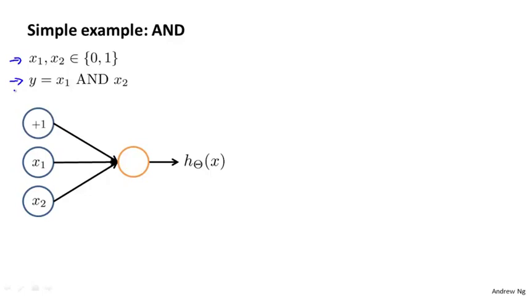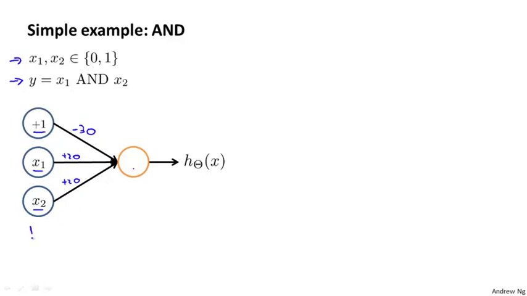Now, let me assign some values to the weights, or the parameters, of this network. I'm going to write down the parameters on this diagram: -30 here, +20, and +20. What this means is that I'm assigning a value of -30 to the parameter associated with x0, that is the +1 going into this unit, a parameter value of +20 that multiplies into x1, and a value of +20 for the parameter that multiplies into x2.